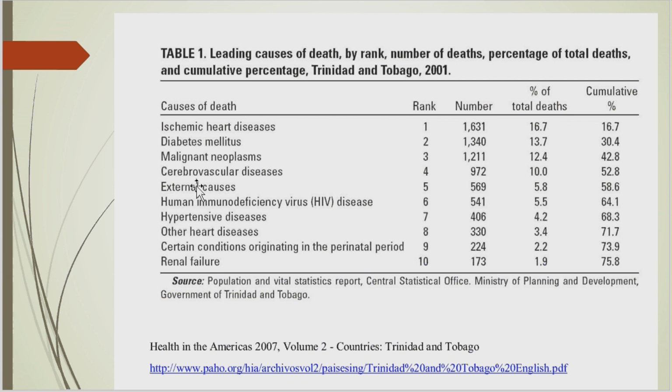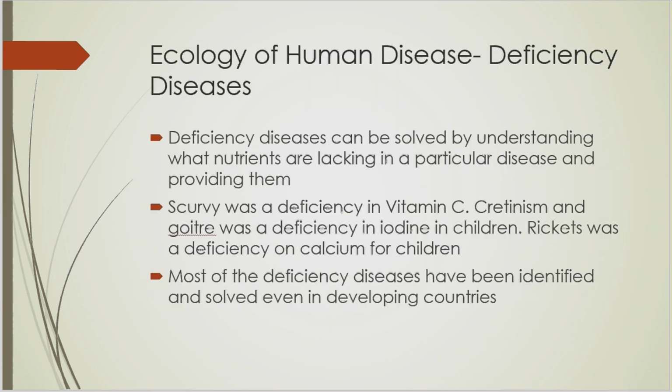So that would be the fifth most common cause of death in Trinidad, external causes, probably injury relating to traffic accidents and that sort of thing. But the point to note is that in middle-income countries and high-income countries, lifestyle diseases generally cause the majority of deaths around the world. All right, let's take a look a little more closely at these different types of diseases.